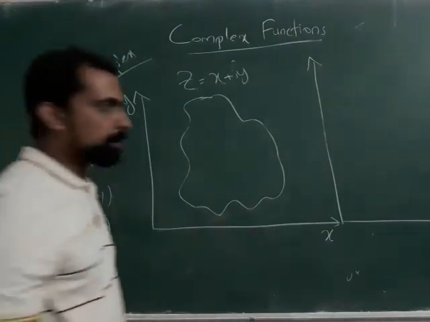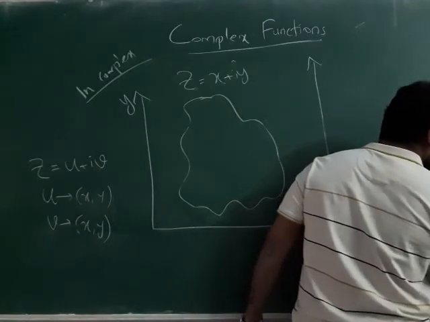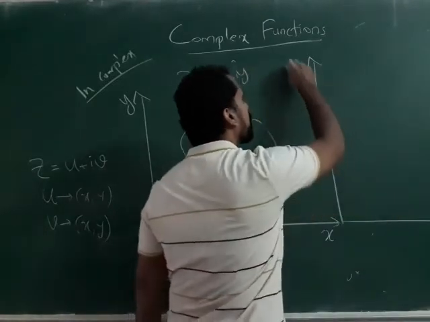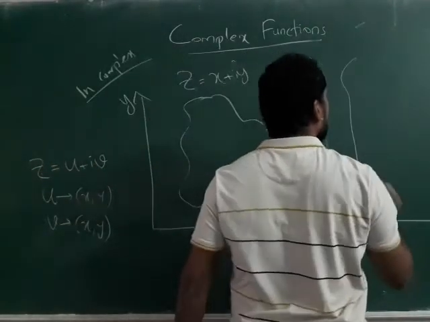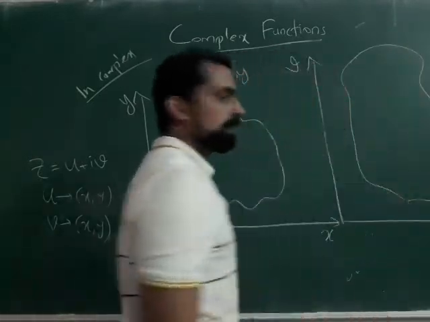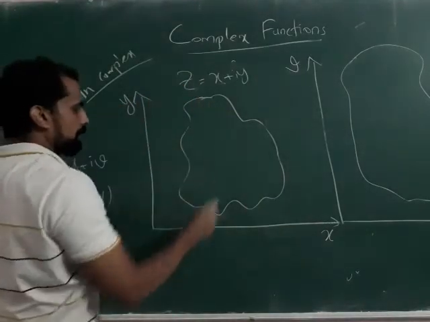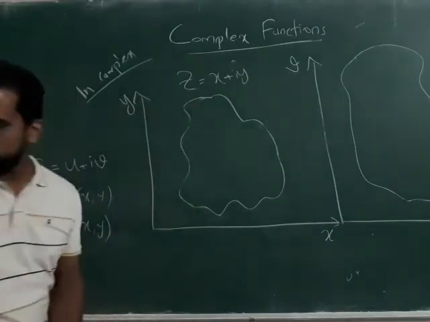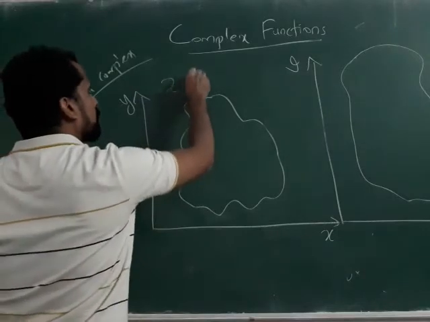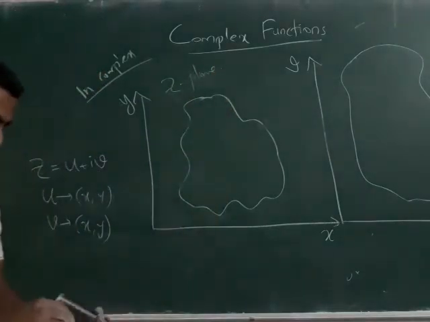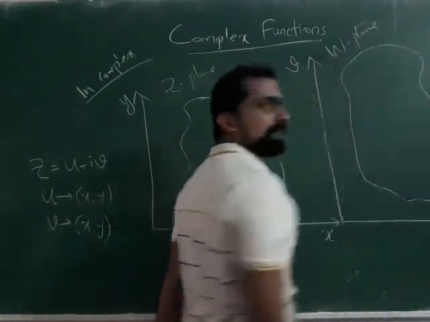Here I am plotting u on the real axis and v on the imaginary axis, and here you will get something on this plane. This plane we call the z plane, and this we call the w plane or the function plane.